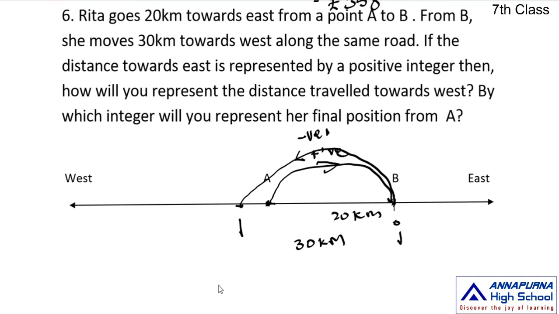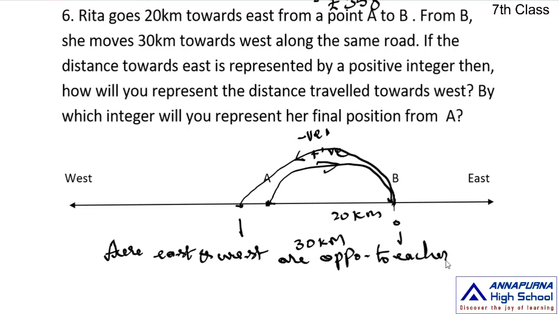Now here east and west are opposite to each other, we know that. Therefore, east and west are opposite to each other.